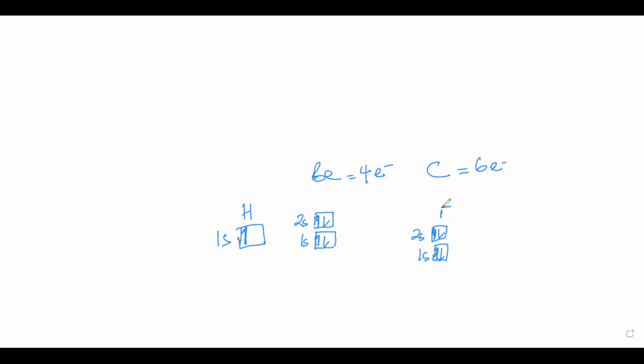Then I go to here. This is 2p. Okay, 1, 2, 3, 4. Another rule says 5, 6. I cannot put these 2 together, otherwise it's wrong, because I'm following the rules. This is the electron orbital diagram for hydrogen, this is the electron orbital diagram for beryllium, this is the electron orbital diagram for carbon.